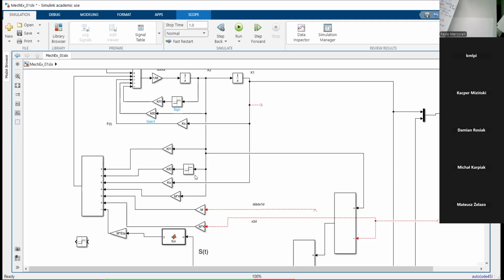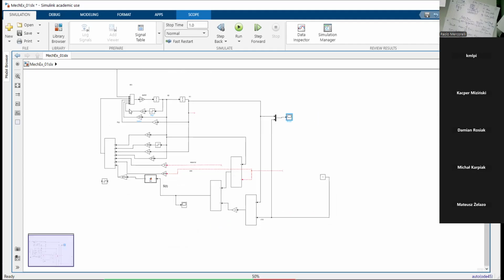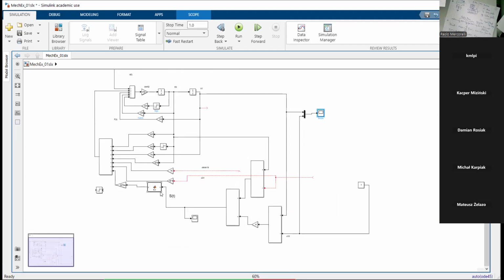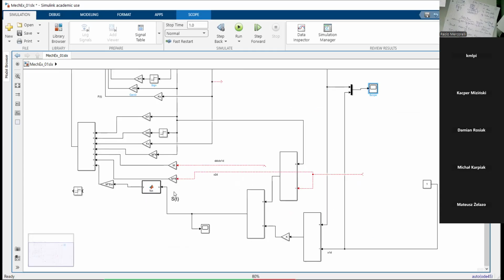I don't see any errors. It should work also from much smaller. I mean, if the amplitude is one, it should work. But it could be that during the implementation, I made some mistakes.